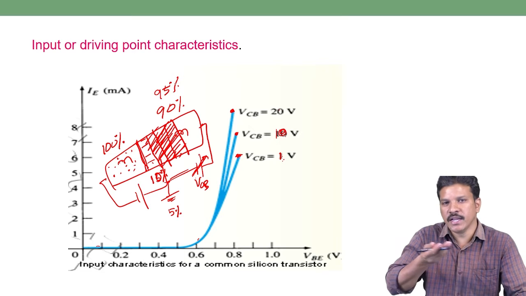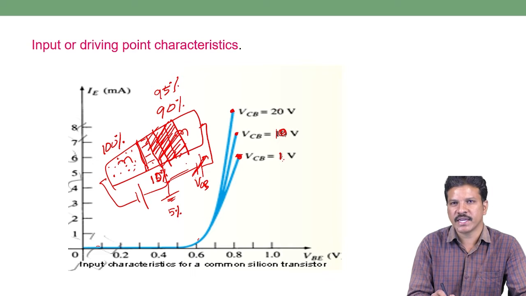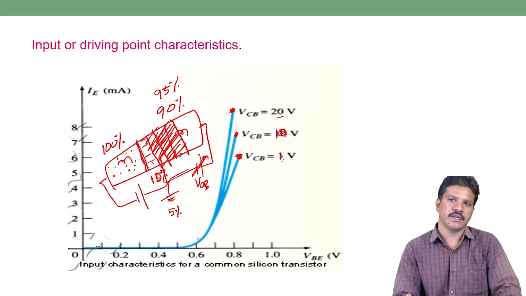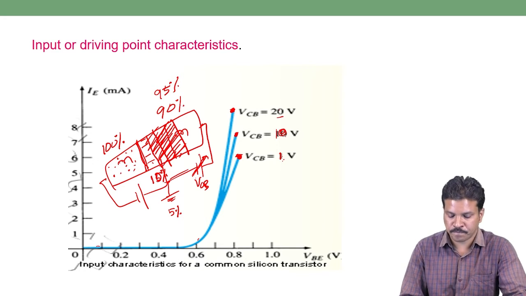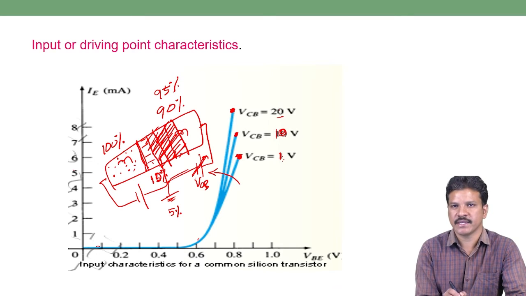So the portion of emitter current reaching the collector increases, so that by increasing the reverse bias at the output side, VCB, from 1 to 10, the emitter current increases. Further increasing the reverse voltage further increases the IE current. That is the reason. And the second reason is why the curve moves towards the y-axis.